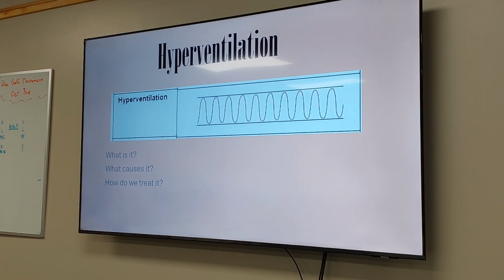So hyperventilation happens when you exhale more than you inhale. This is something we see due to anxiety, stress, panic attacks, fear, but there can be underlying physical conditions that can cause it. So treatment again would be treat your underlying conditions, coaching, removing them from the situation that's causing the panic, if that's what's happening.